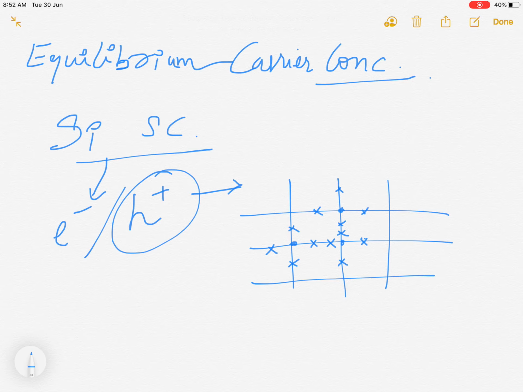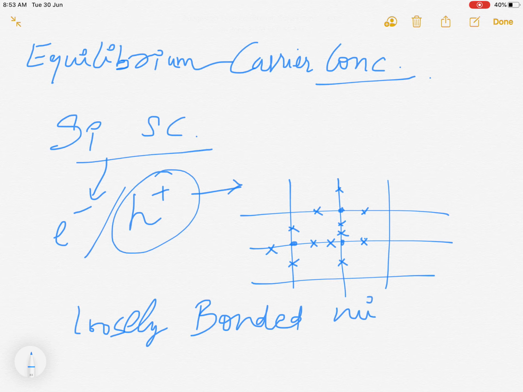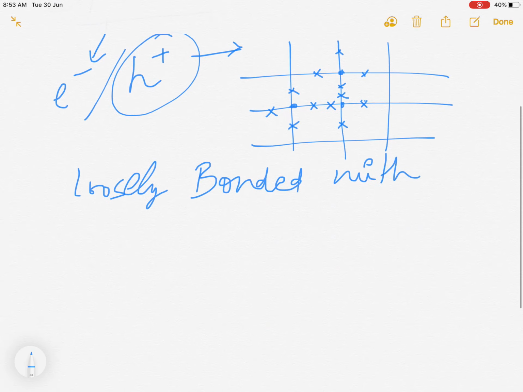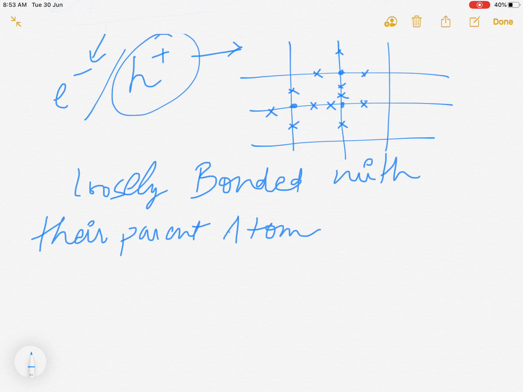These electrons are loosely bonded with their parent atom, so the energy required to make them free will not be much.